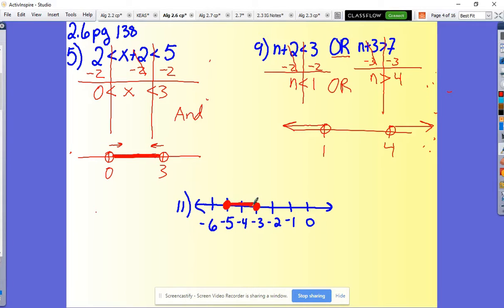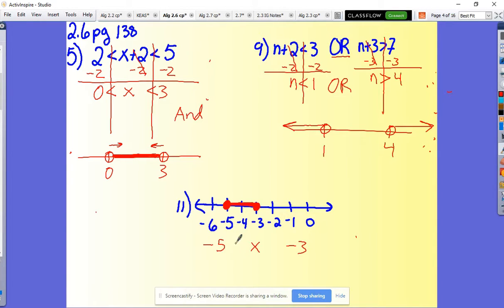And this is an AND statement because the middle is filled in. So when that happens, you're going to have your x in the middle, then you're going to have negative 5 over here, the lower number, and then your bigger number, negative 3, over here on this side.